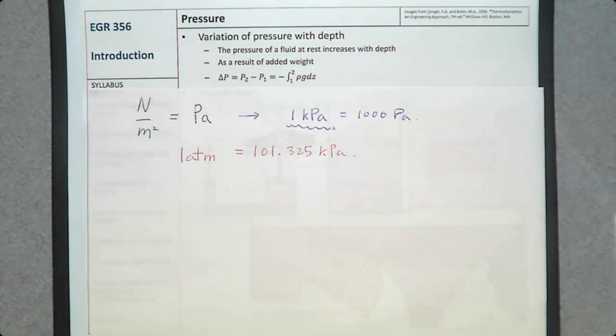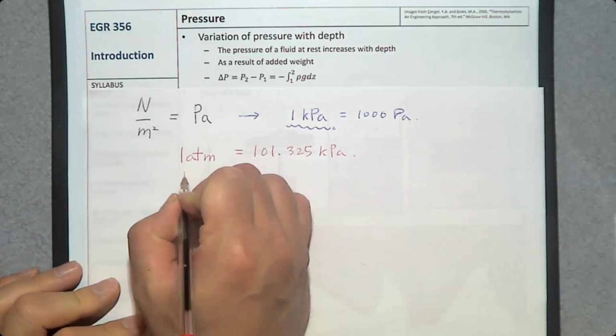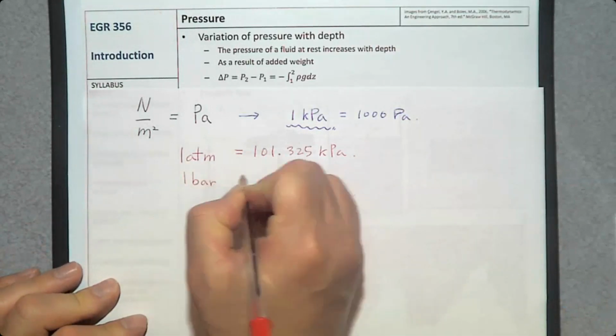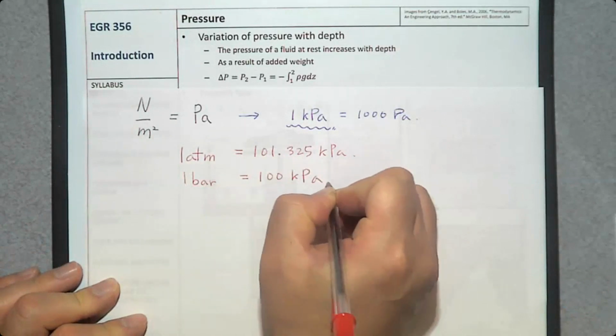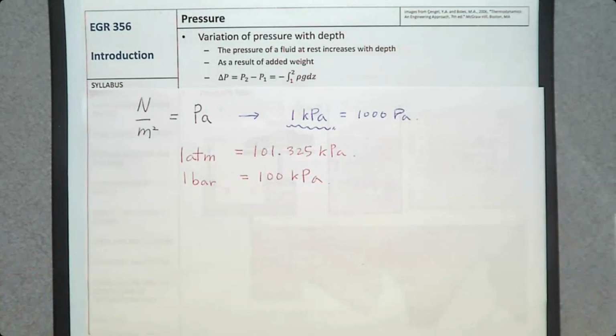One is Pascal and the other one is atm. There's one more pressure unit, which is bar. 1 bar is 100 kilopascal. Sometimes you see atmosphere, bar, or kilopascal. So this is how you convert between different units.